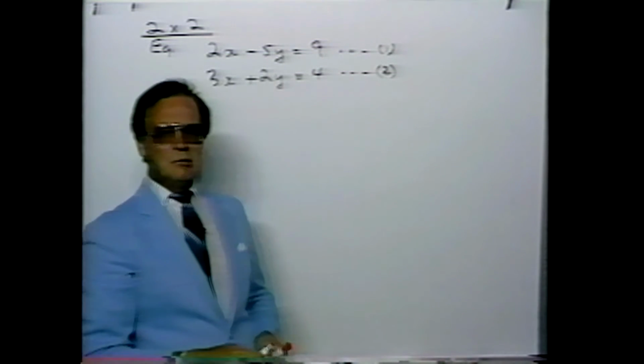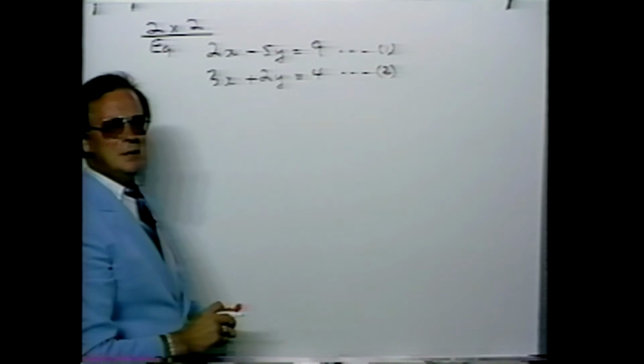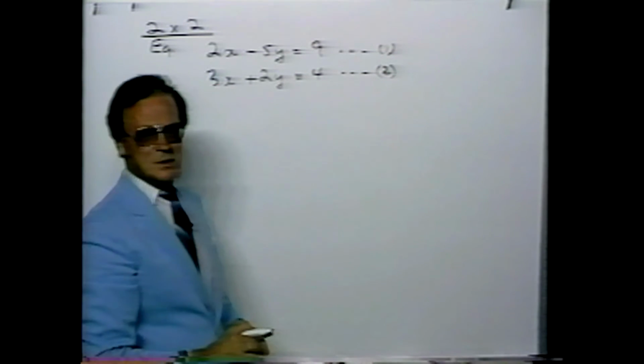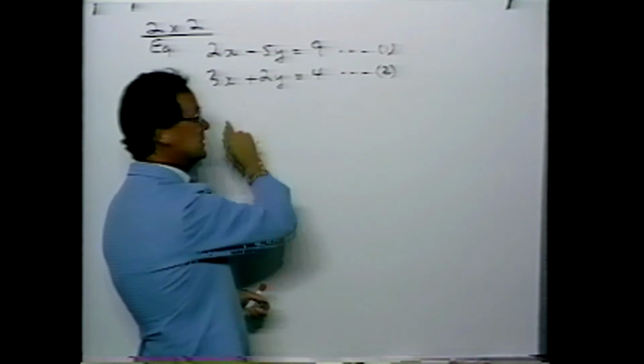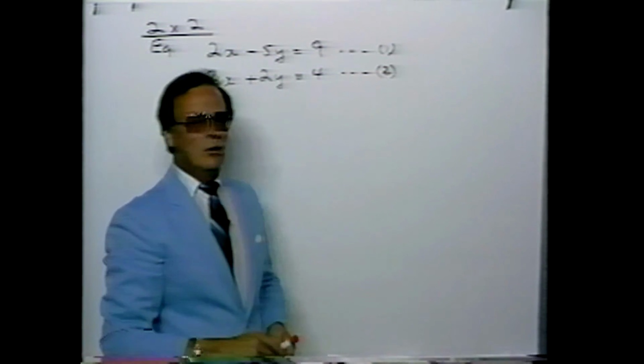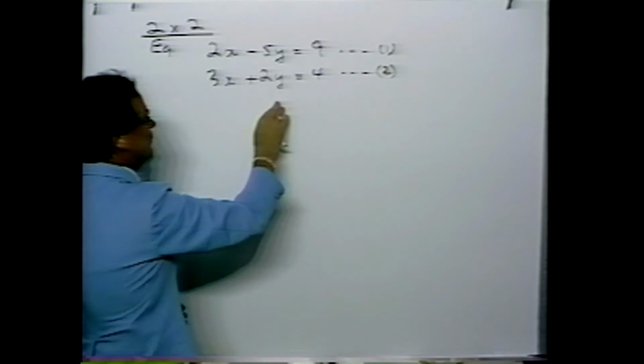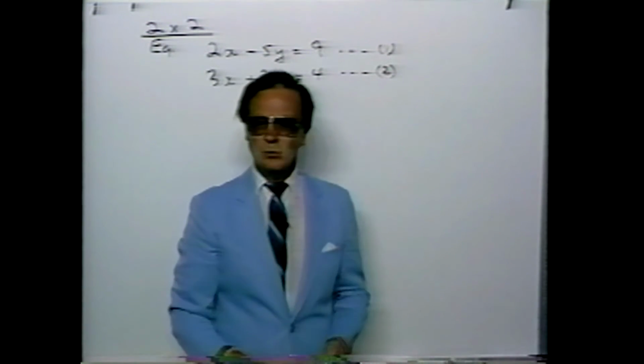So it essentially requires that I eliminate one of these variables from the system. If I eliminate y, I'll get a single equation in x. Or if I eliminate x from the system, I will end up with a single equation only in y.